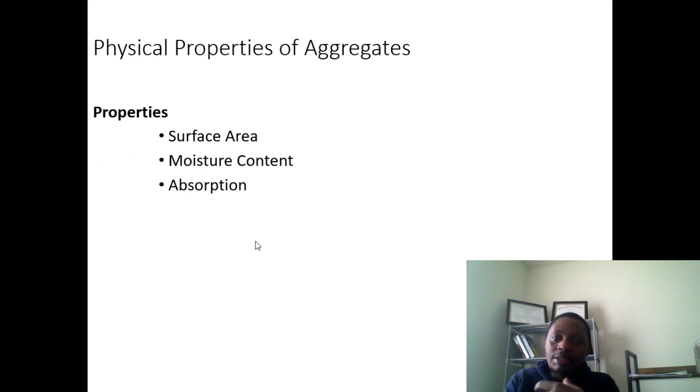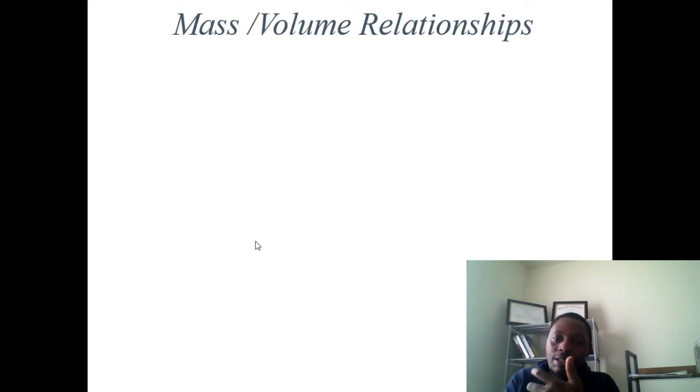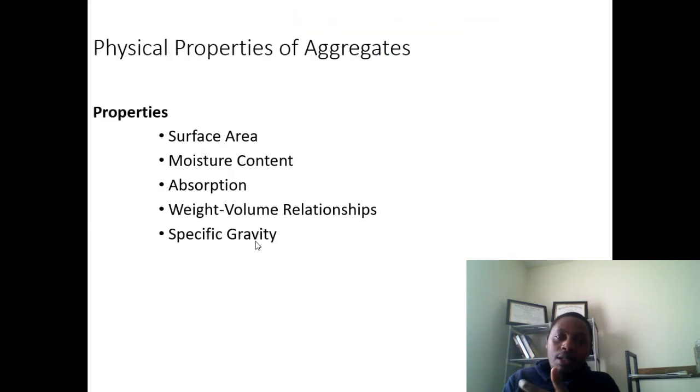For the physical properties of aggregates, you need to know the surface area, the moisture content, the absorption, the weight volume relationships, specific gravity. I've explained what the surface area does, okay? Surface area is the area that is in contact from one particle to the other. Less surface area, less friction, less strength.